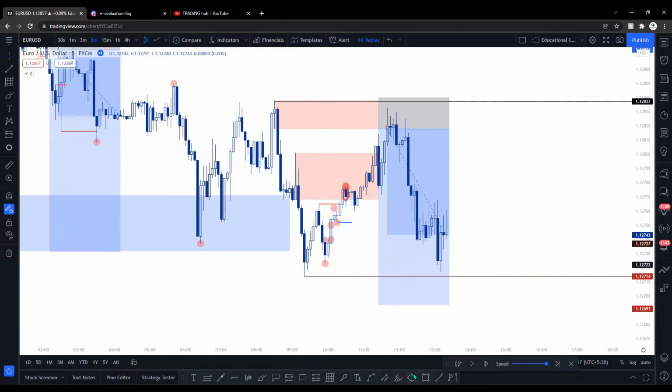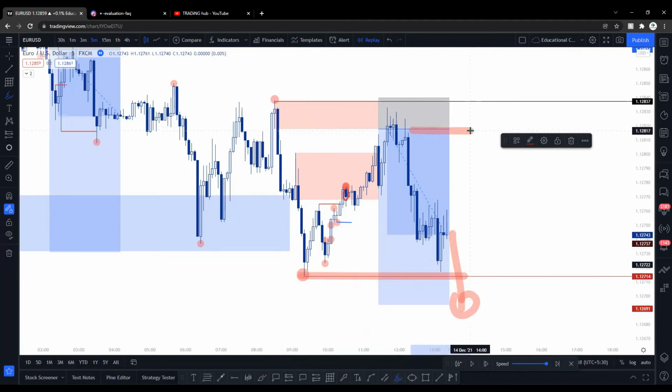The previous swing high or low is here. Basically these two points are our swing high and low, and the market is ranging between the high and the low. So if the market goes and closes below it, we will move the stop loss to break even, right?